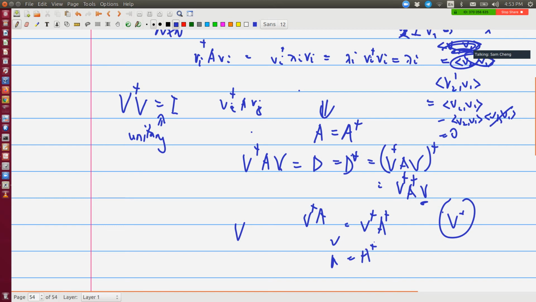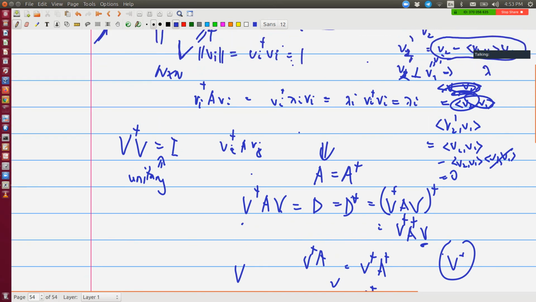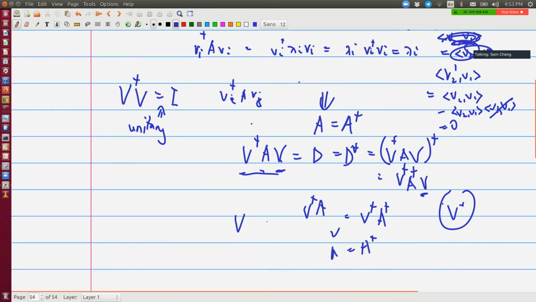So if I can diagonalize A using a unitary matrix, then A will be Hermitian as well. Of course, we talk about all this because we're interested in the real symmetric matrix, and a real symmetric matrix is Hermitian.